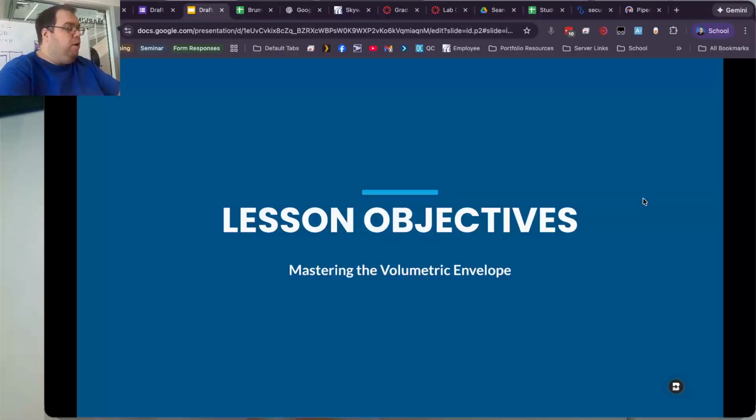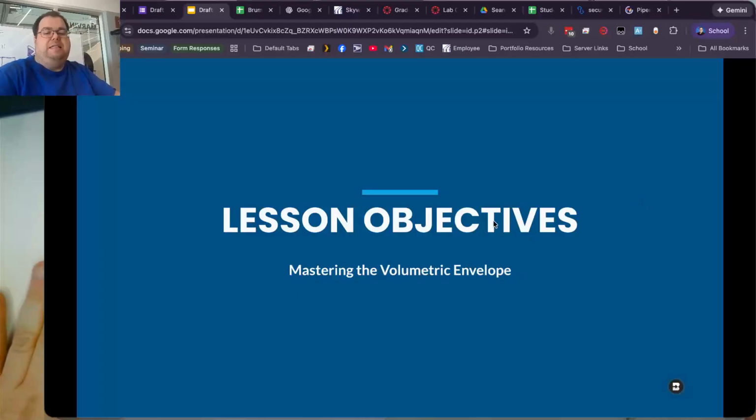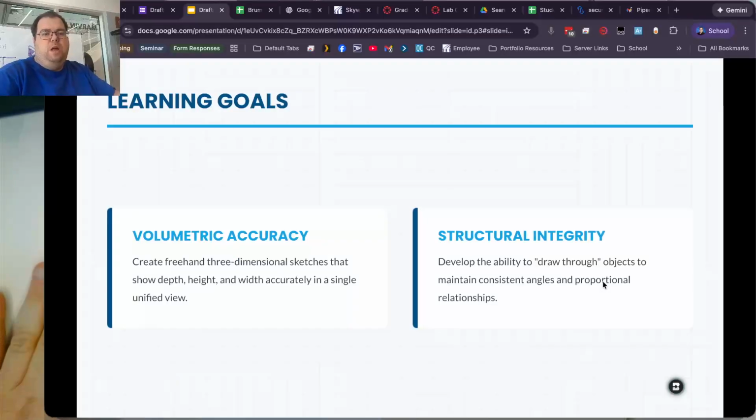Because remember, no matter what we do, when we're drawing on a piece of paper, unless we start folding the paper, all that you can do is a two-dimensional plane. It only has width and it only has height. So what we're going to look at today is volumetric accuracy, and then what's called structural integrity.